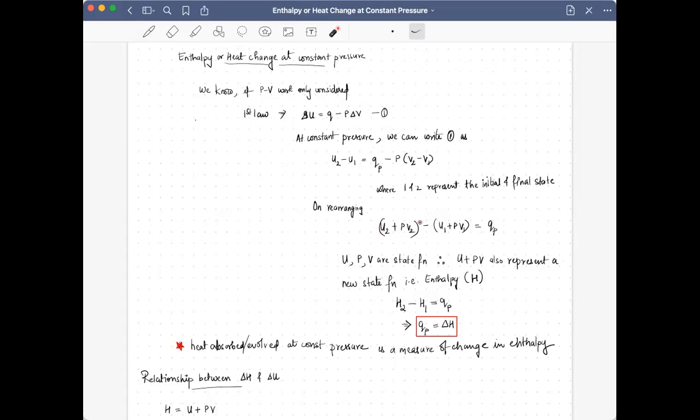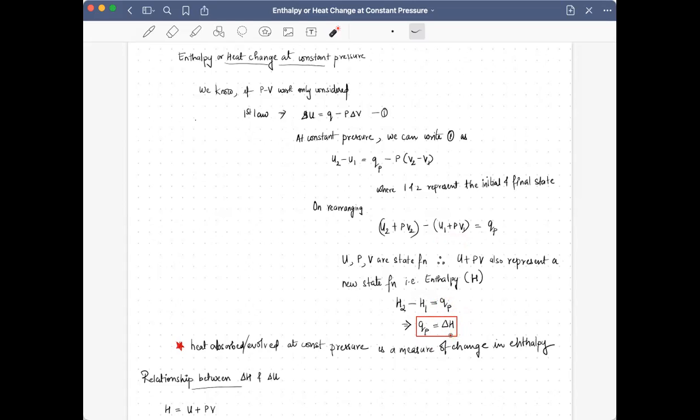This new state function, the combination of U plus PV, we call enthalpy, and it is represented by the symbol capital H. This represents the final state, so we will call it H2. This represents the initial state, and therefore H1. So what you see here is that the heat change at constant pressure is equivalent to the change in enthalpy.